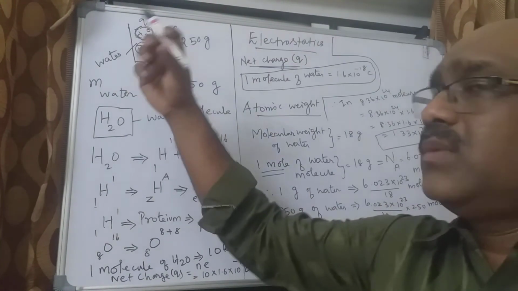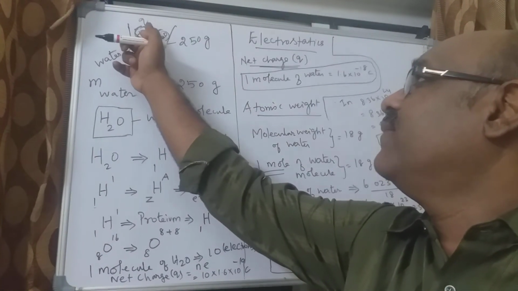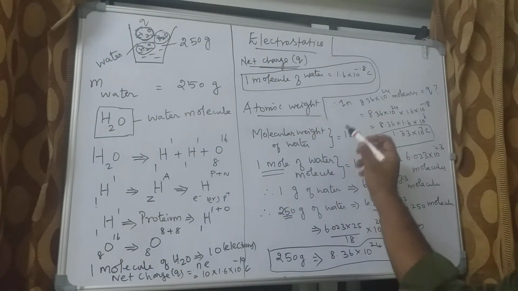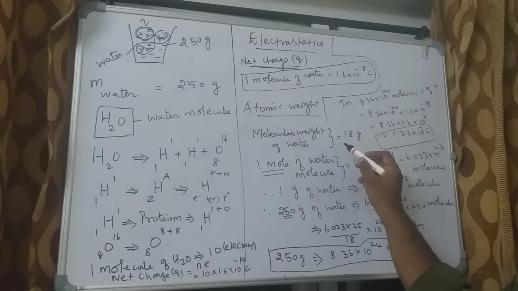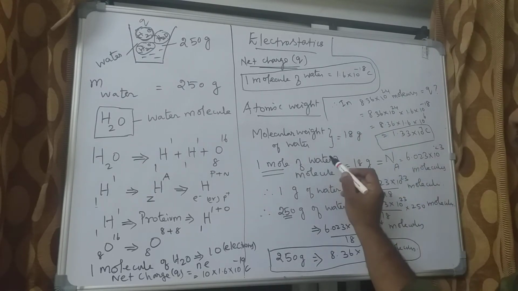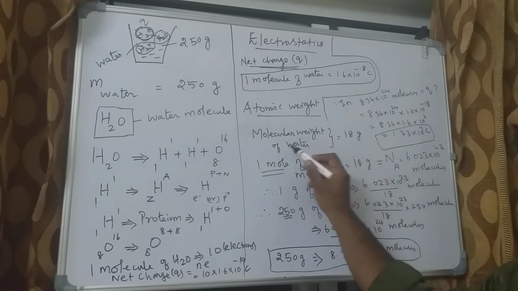And now the second part, we are calculating the atomic weight of this water molecule. The atomic weight of the water molecule is nothing but 18 grams, and that is nothing but 1 mole of the water molecule.